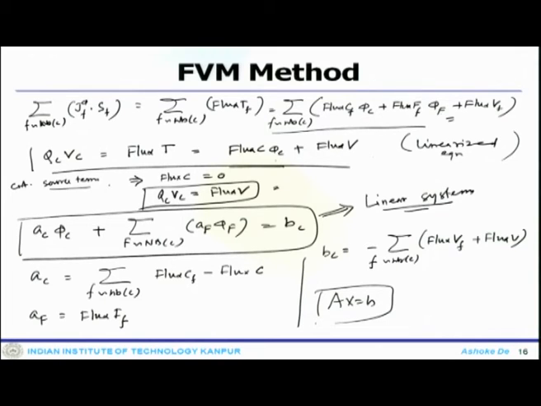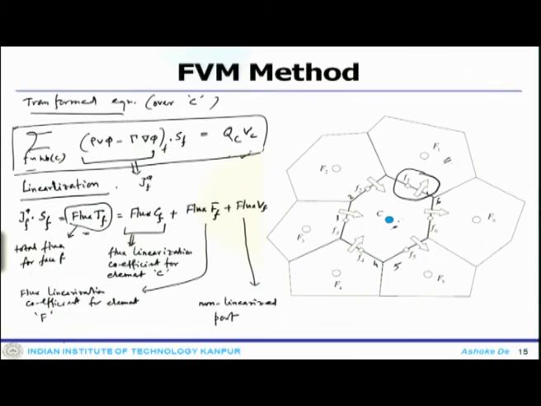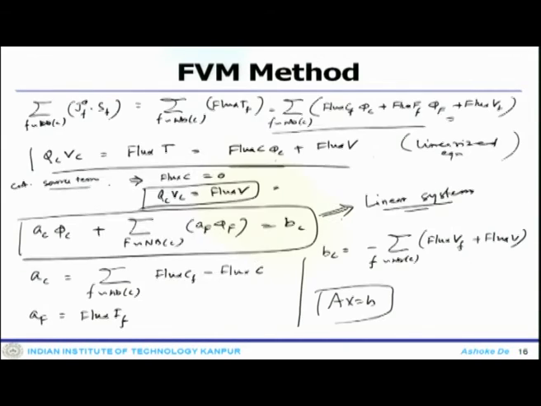So, the thing is that over a particular element C, you integrate your equation. So, the integral equation will look like that, and once you compute all the fluxes and put them together, you get back this system.